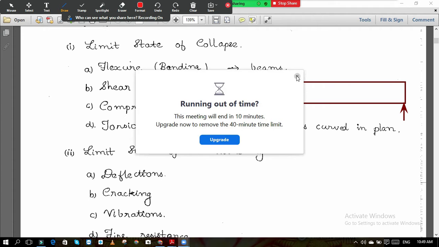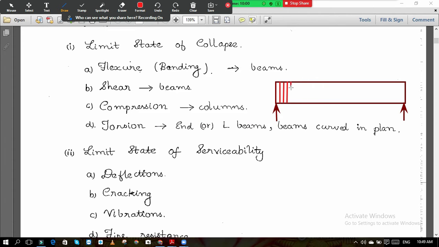It may be L by 4 to L by 6, that we will choose. But as standard practice on site, what the contractors, builders or engineers do is that up to the length of L by 5 these stirrups are closely spaced. From this side also, where the support is given, at that point these stirrups are closely spaced.